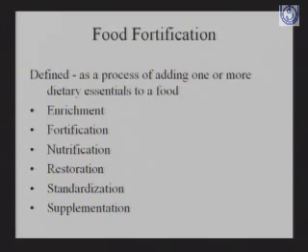Then standardization: certain food materials are standardized, say a balanced diet which has all the components, that is cereal, pulses, meat, egg, milk, fruit and vegetables. So that is a standardized diet. Then supplementation: if there is anything lacking, we can supplement with additives and we can have food fortification.